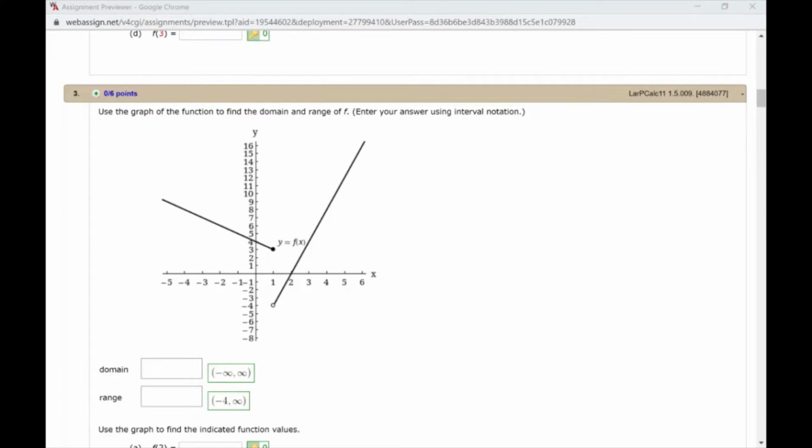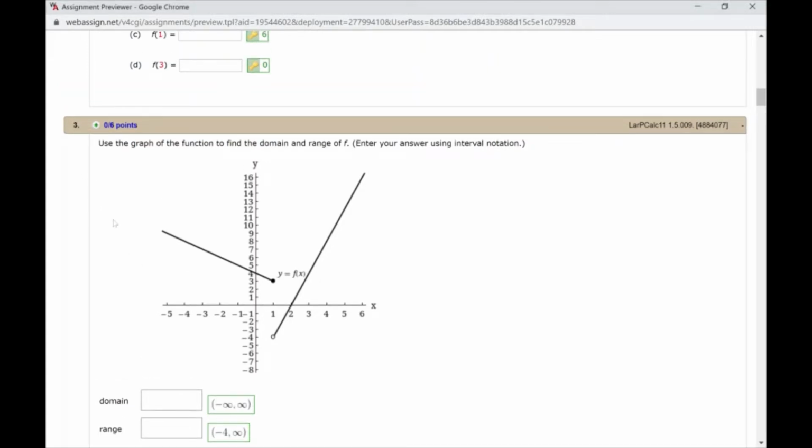Christina, what's your question? Yes, ma'am. On the domain, why isn't it a bracket since it's a closed-in circle? Good question. All right. So again, domain is saying what territory does this graph cover? Does it cover everything in between negative infinity and positive infinity?